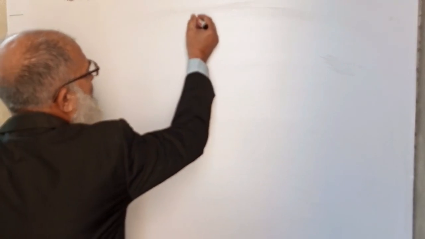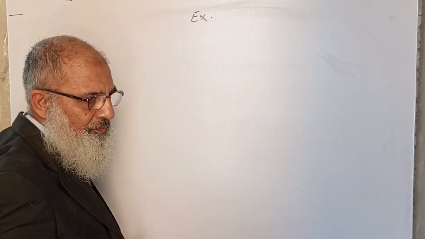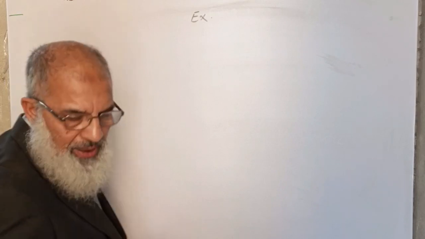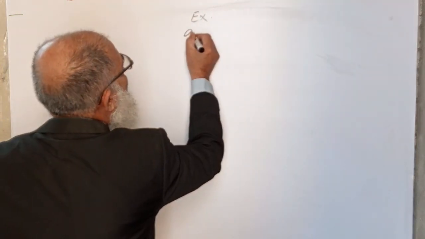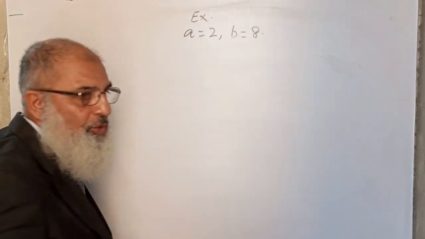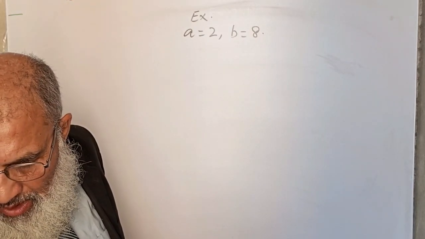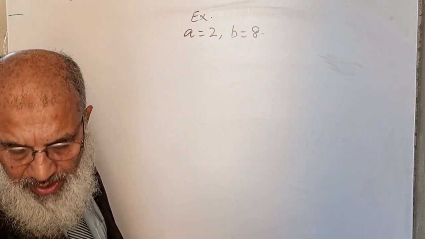Now, for example, we are given a is equal to 2 and b is equal to 8. This is the example which is written in your book. If a is equal to 2 and b is equal to 8, then we have to evaluate ab.